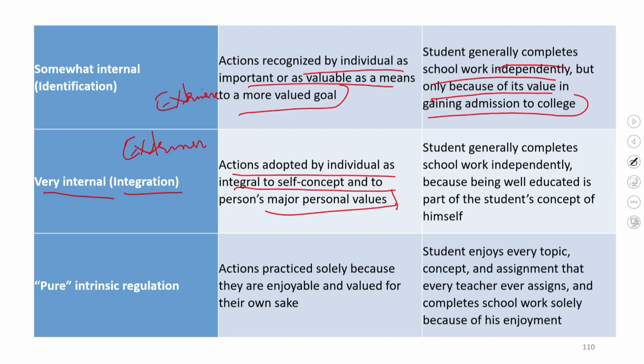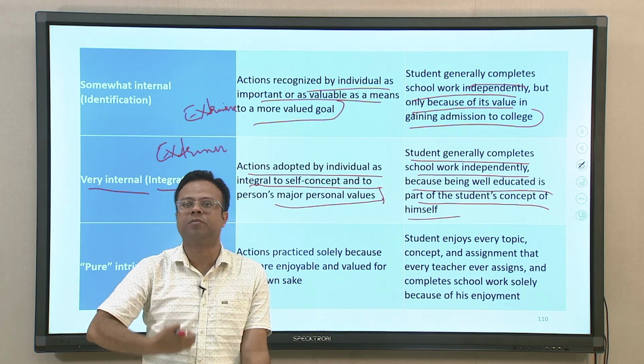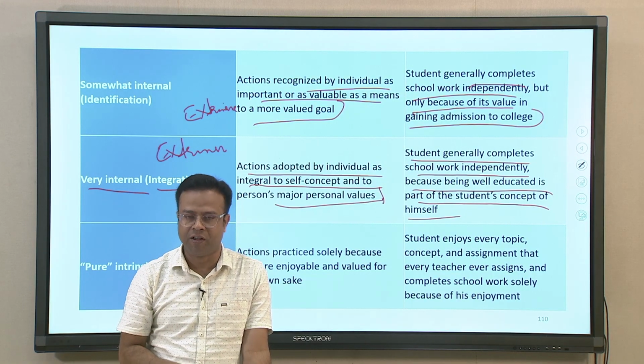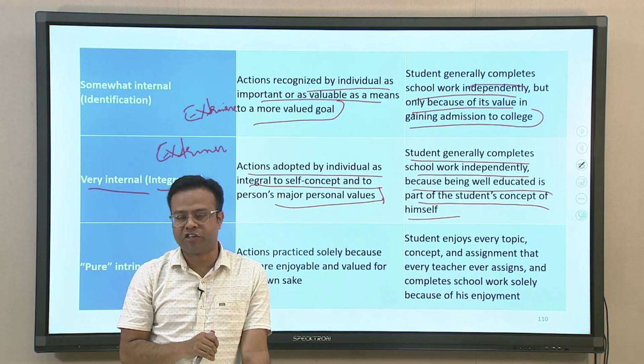So, it is a part of one's self concept. For example, the student generally completes schoolwork independently because being well educated is a part of the student's concept of himself. The student cannot think of himself as not educated. So, education becomes part of the concept of self, and the student does the work. That is called integration. So, these are the 4 categories of extrinsic motivation.